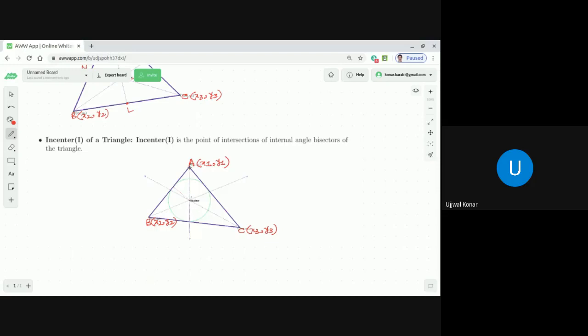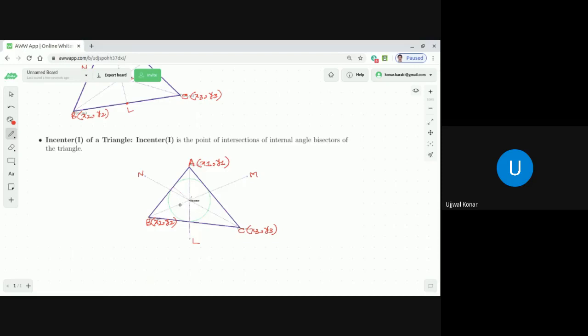Suppose from the vertex A, if we draw an internal bisector of that angle A, then we get that line, suppose AL. Similarly, we get BM, and then we get CN. So AL is nothing but the internal bisector of the angle A, BM is the internal bisector of the angle B, and CN is the internal bisector of the angle C.